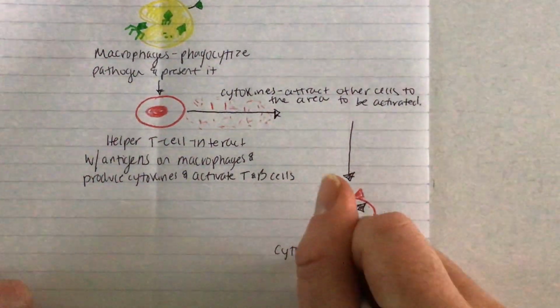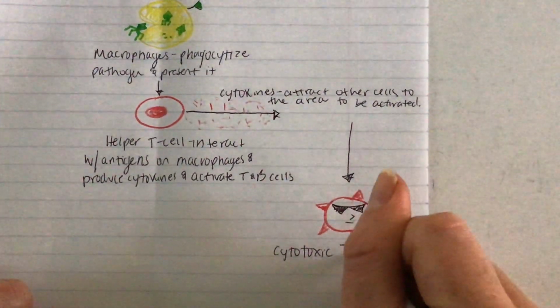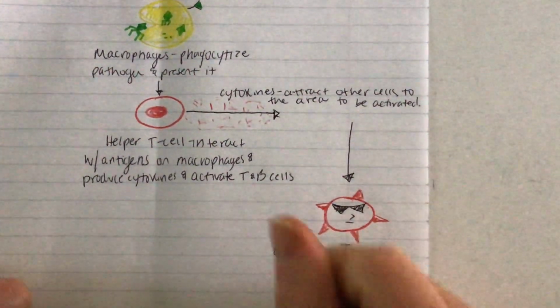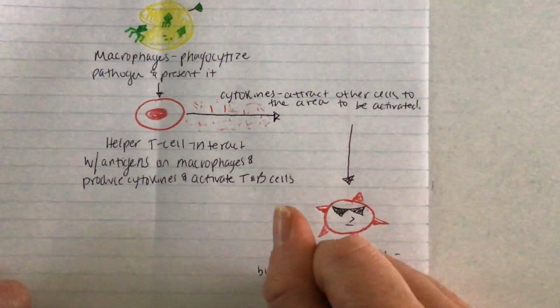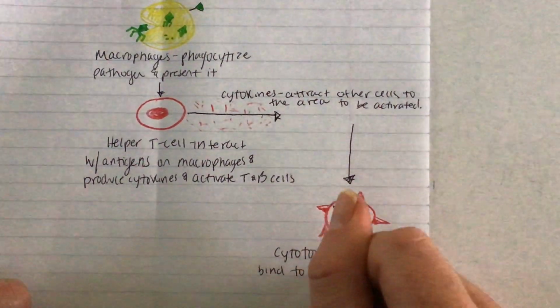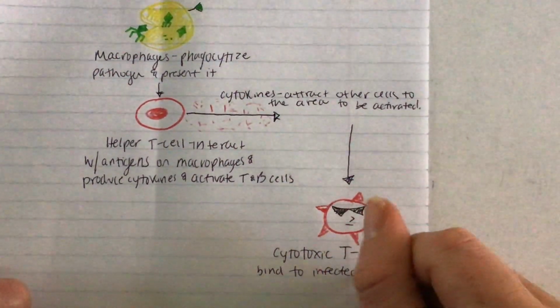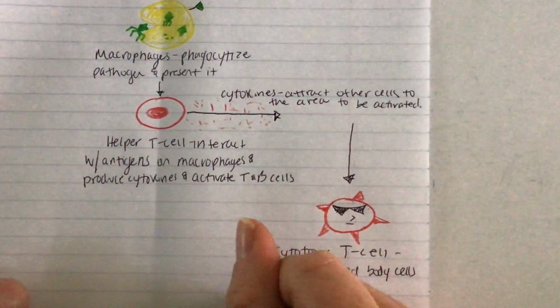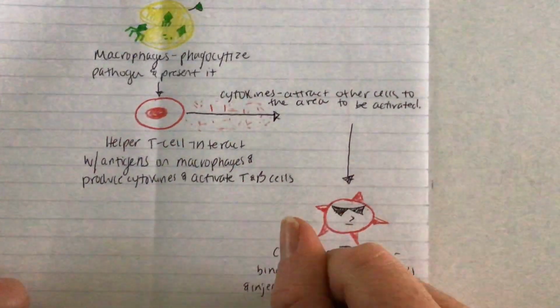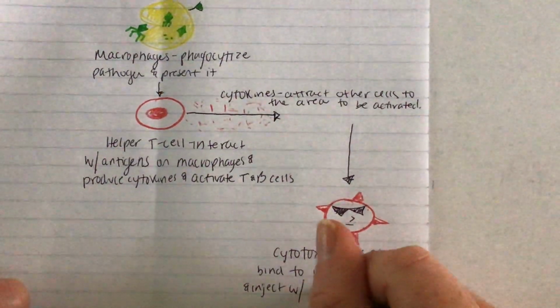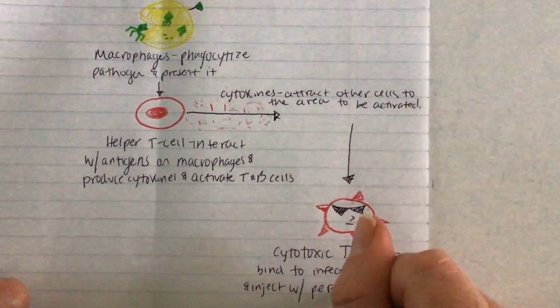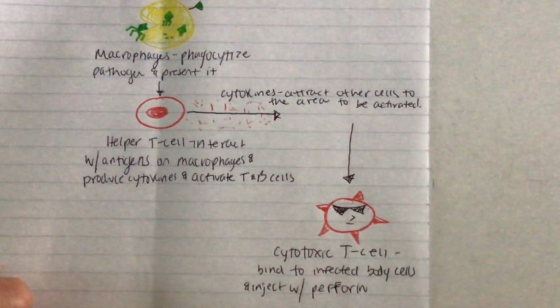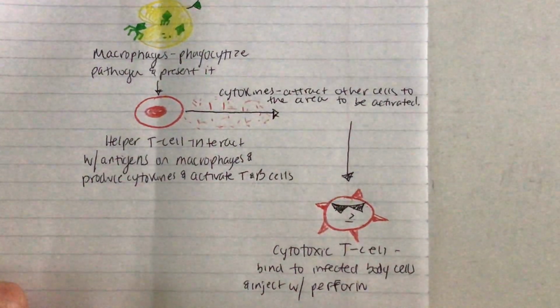Cytotoxic T cell. Okay. And what it's going to do is bind to infected body cells and inject with perforin.